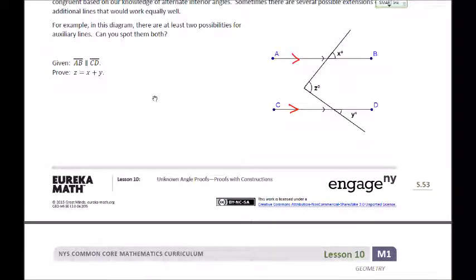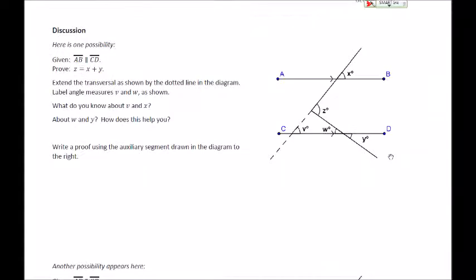And actually, on the next page, it shows you there are two different ways to prove this using two different auxiliary lines. Here is one possible proof that uses an auxiliary line. You extend this transversal down through segment CD.